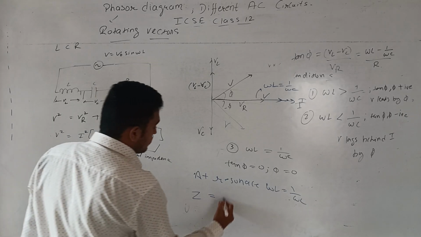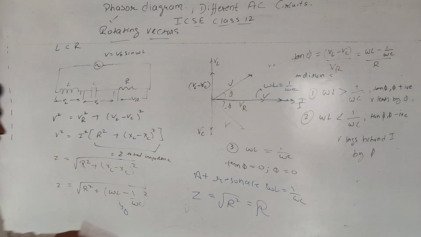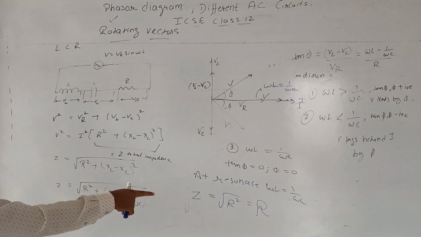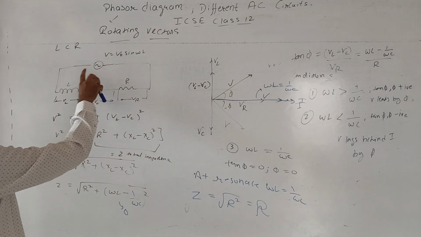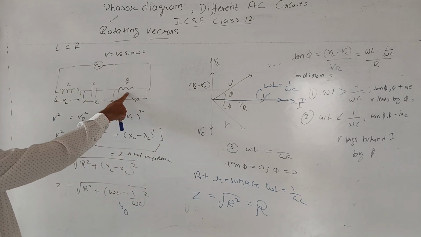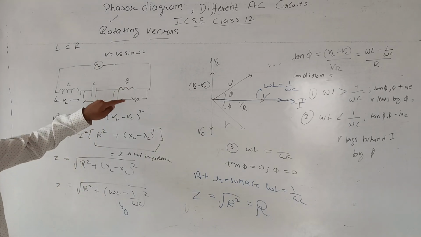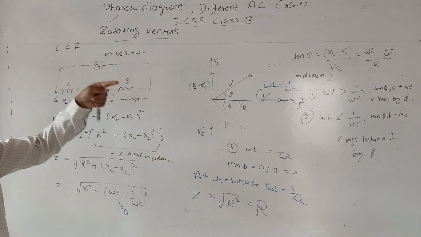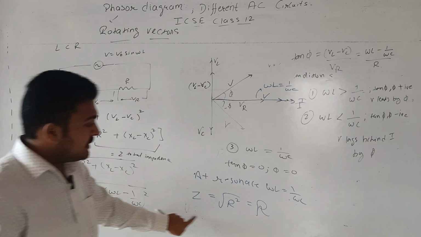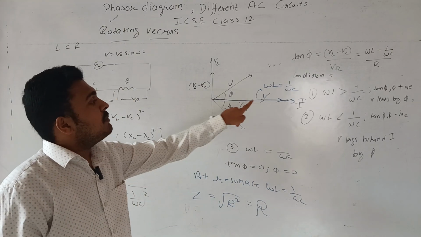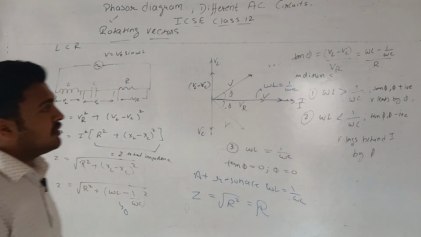So Z will become the square root of R squared, or R. Z will be equal to R. So the impedance of the circuit will be minimum at resonance, equal to R, the resistance of the resistor. So the LCR circuit at resonance acts like a resistance-only circuit, because impedance is also equal to R, and potential and current are also in the same direction, as in the case of a resistance-only circuit.